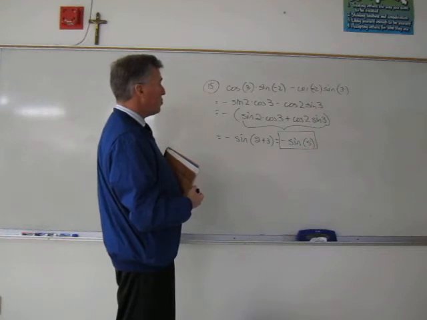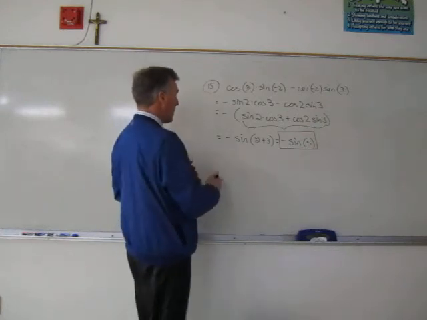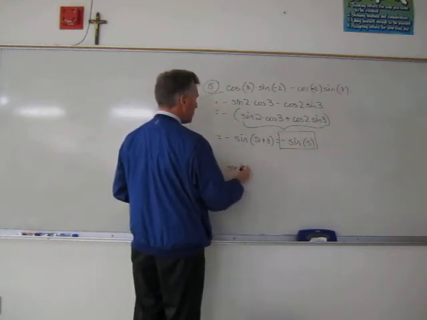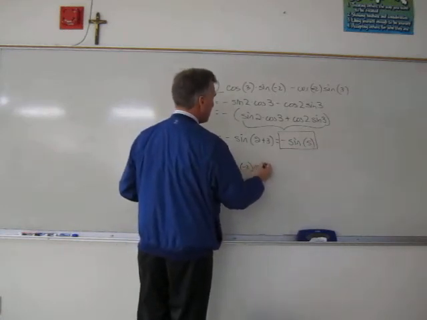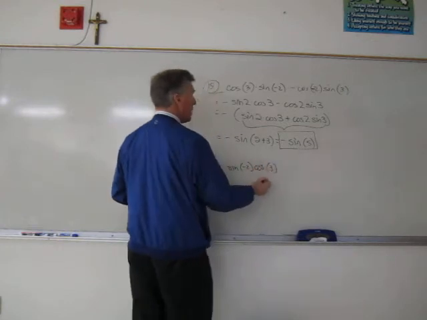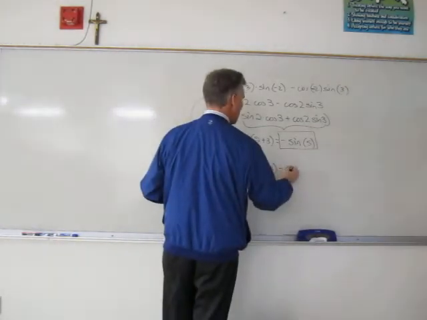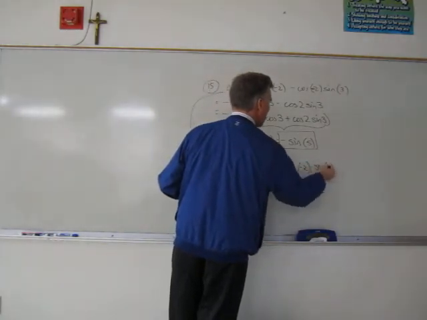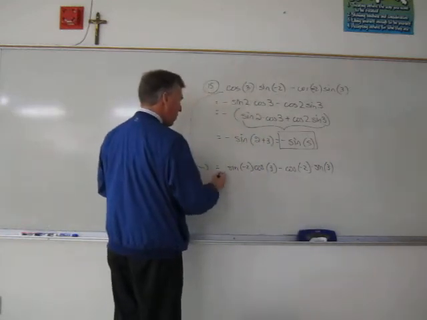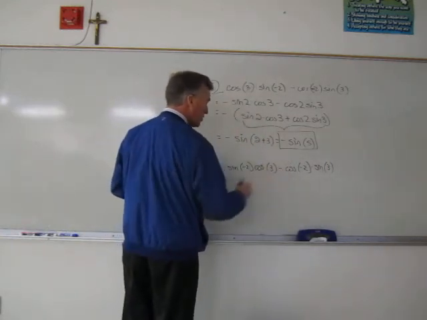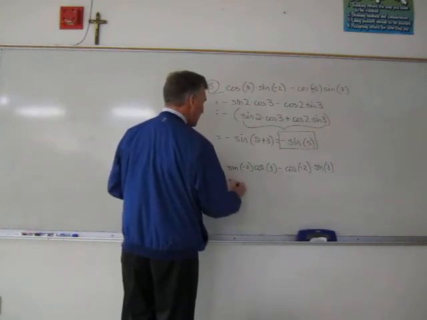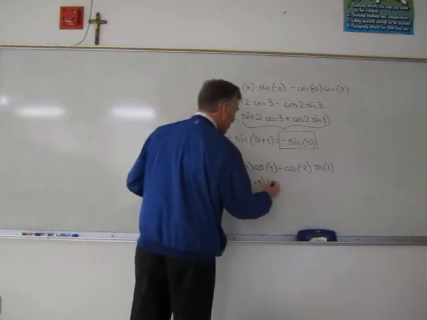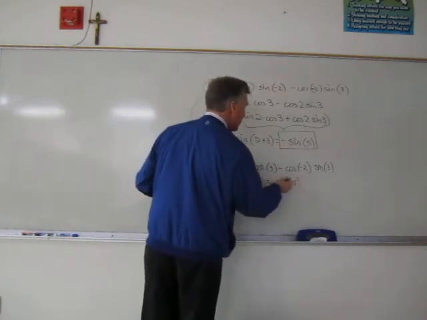So if I were to do it that way, I would get sine of negative 2 cosine of 3 minus cosine of negative 2 sine of 3. Well, what does that equal? Well, it's a subtraction formula. So this becomes sine of negative 2 minus 3, which is sine of negative 5.